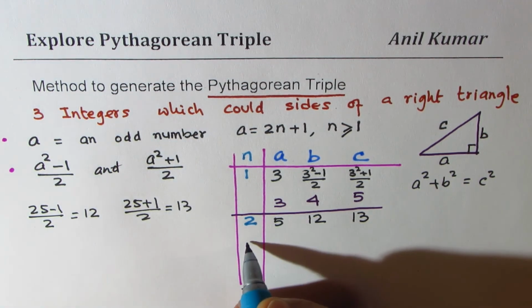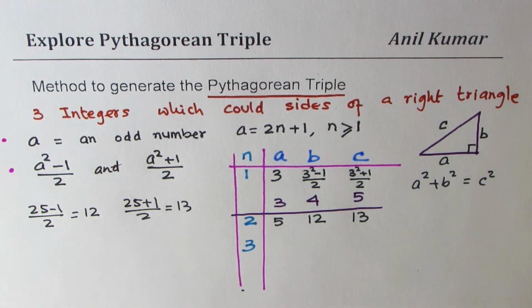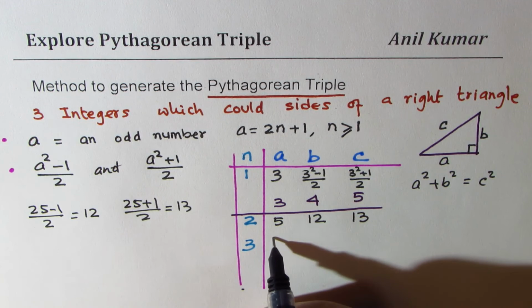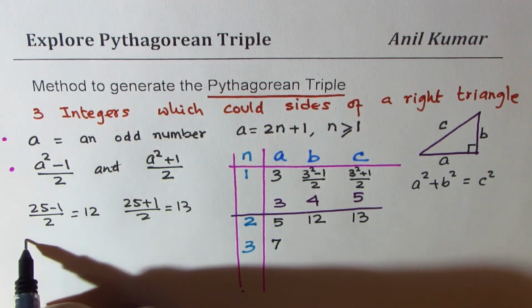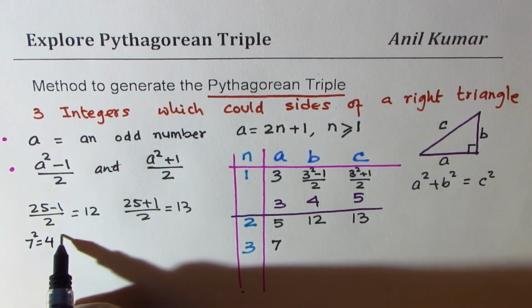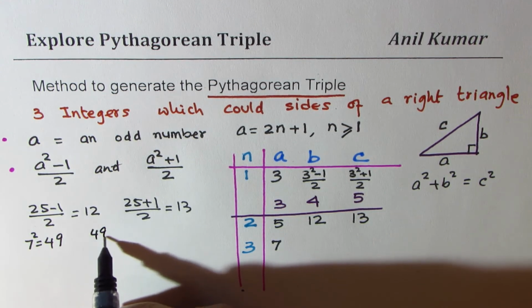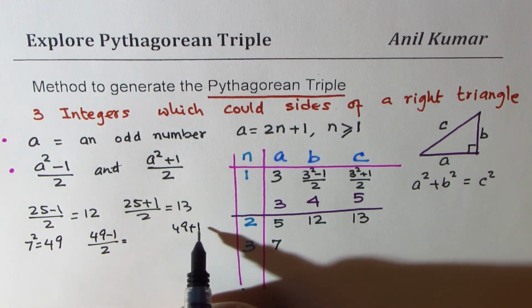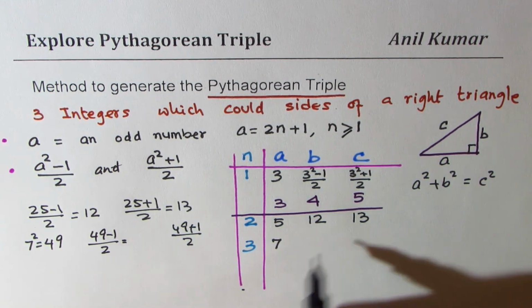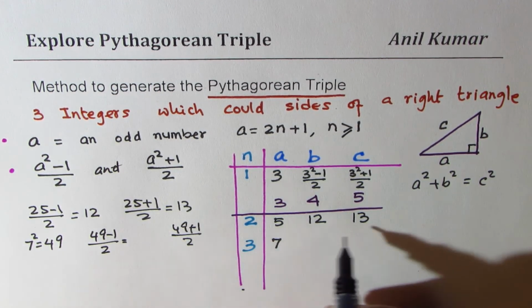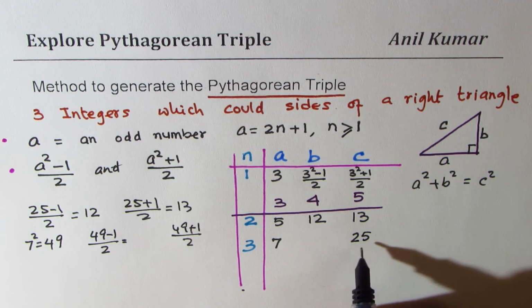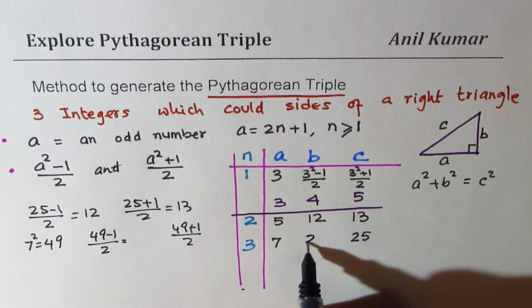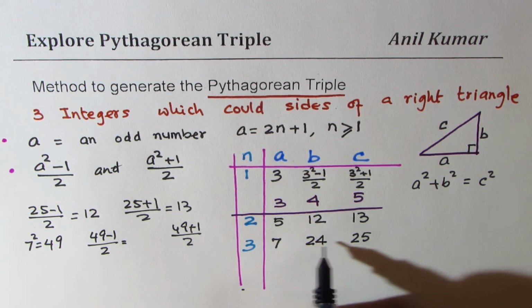Now, if I take n as 3, then A is going to be 7. Now 7 squared is 49. So 49 minus 1 by 2 and 49 plus 1 by 2 are the other two numbers. 50 by 2 is 25, and 1 less than 25 is 24. So this number is 1 less.